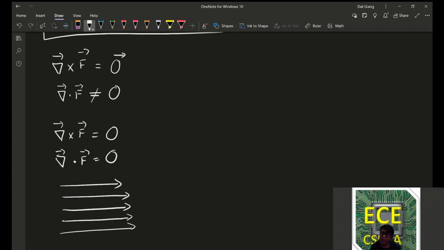They don't diverge from a source, or go into a sink, and they certainly don't rotate either.